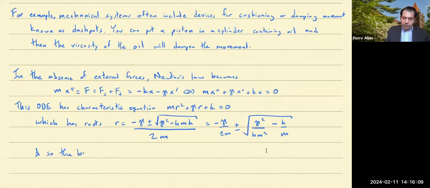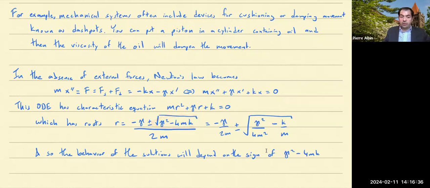And so the behavior of the solutions to the ordinary differential equation will depend on the sign of gamma squared minus 4mk, right?